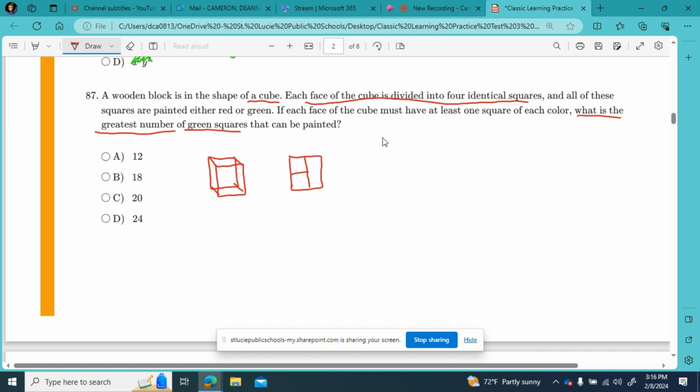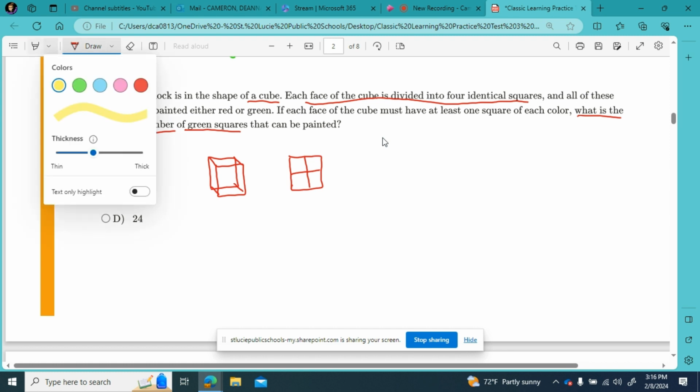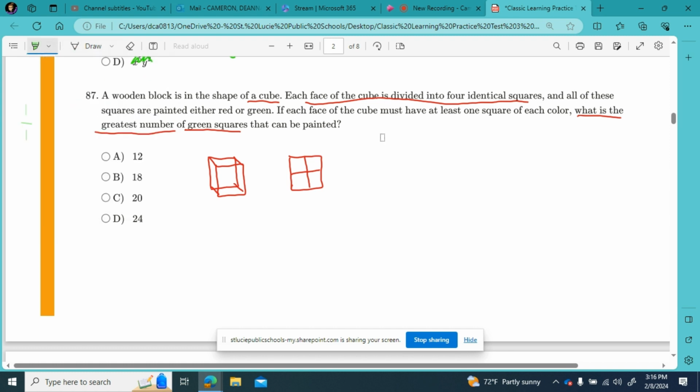So each face, this happens, right? All of the squares are painted either red or green. Each face of the cube must have at least one square of each color. What is the greatest number of green squares? So what's the most I can paint green on one of these?